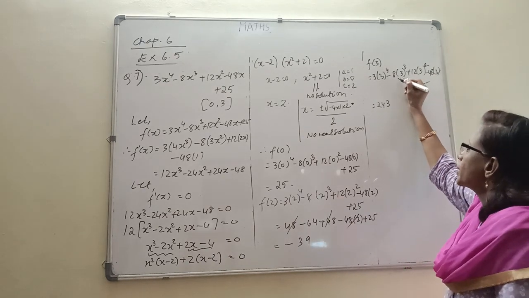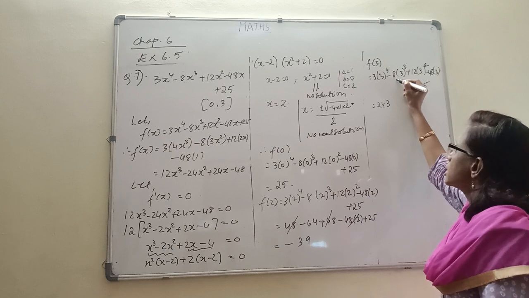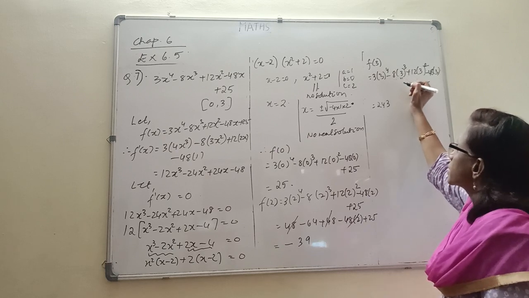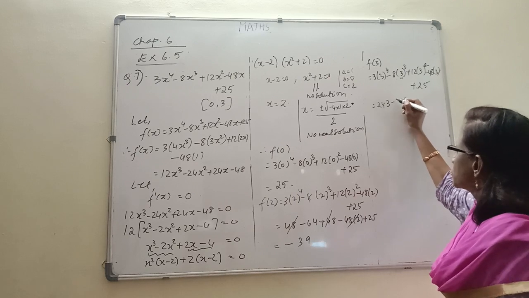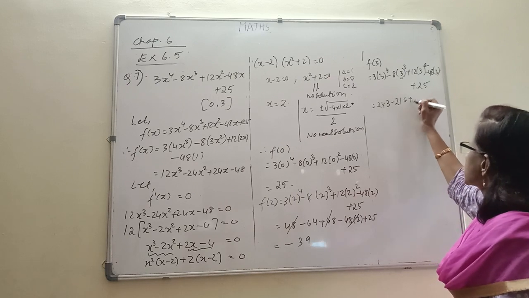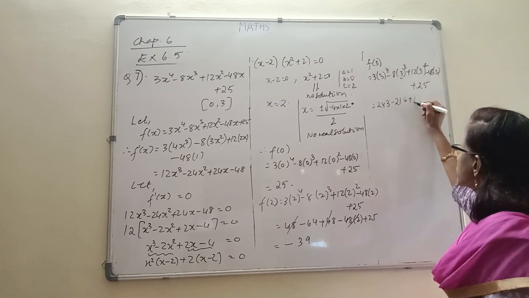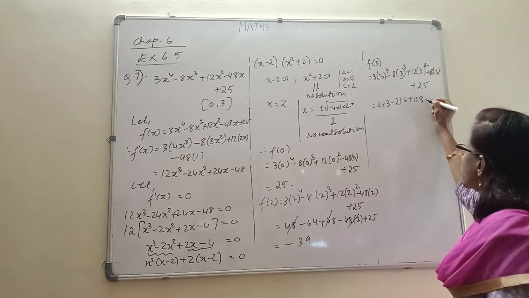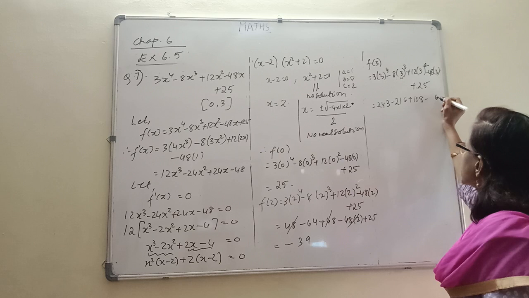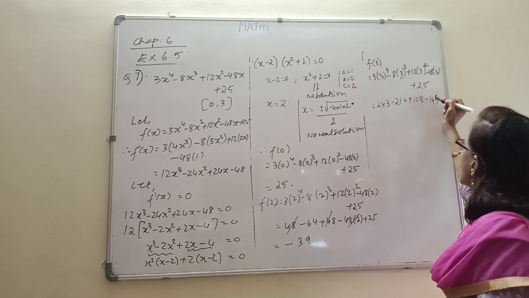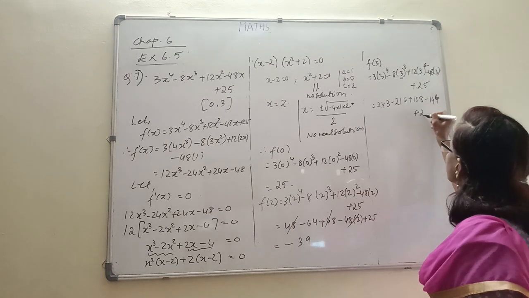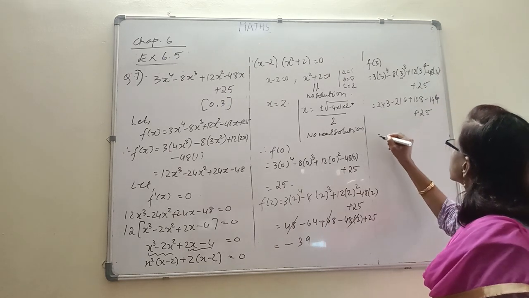Then this is 27 times 8, so 27 times 8 is 216. Plus 9 times 12 is 108. 48 times 3 is 144. And plus 25.